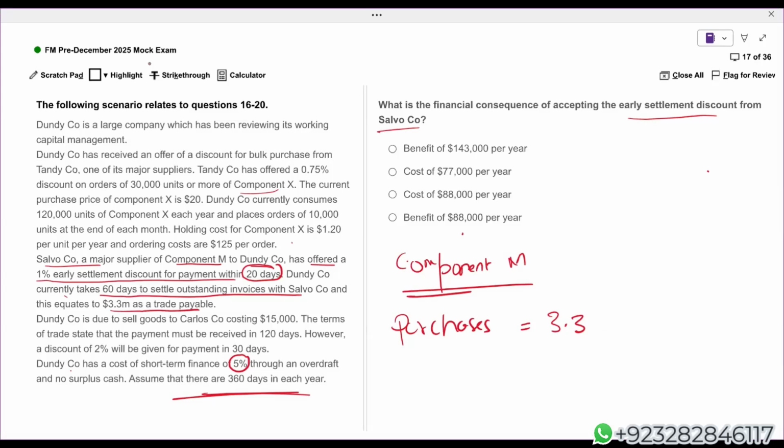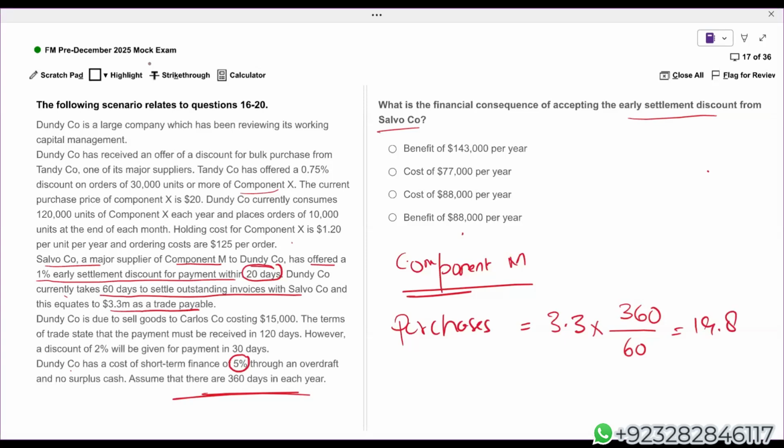This 3.3 million is my trade payable, which shows that I'm making payment in 60 days, which means that my annual purchases will be, we work 360 days in a year, 3.3 million times 360 upon 60, which is 19.8 million.